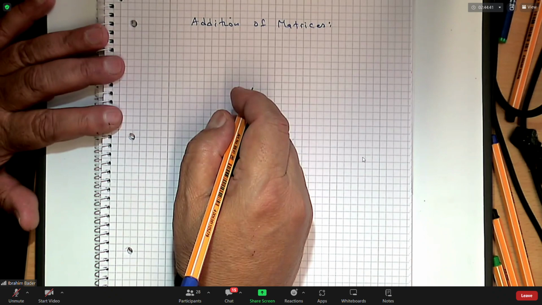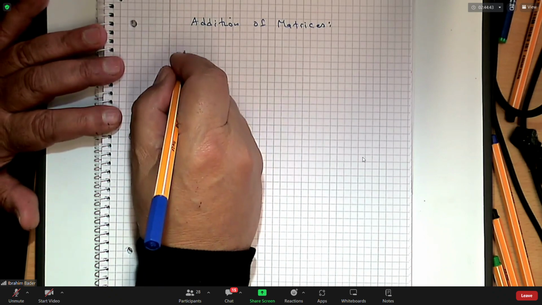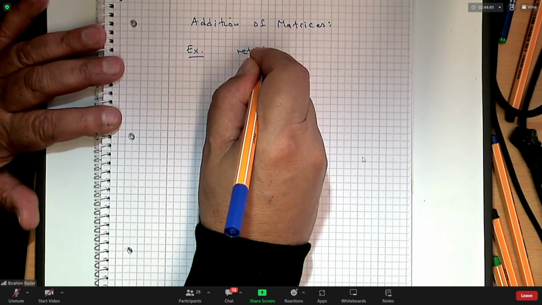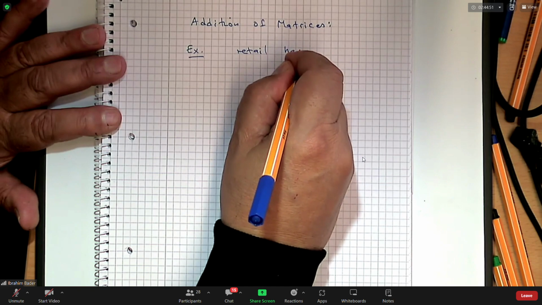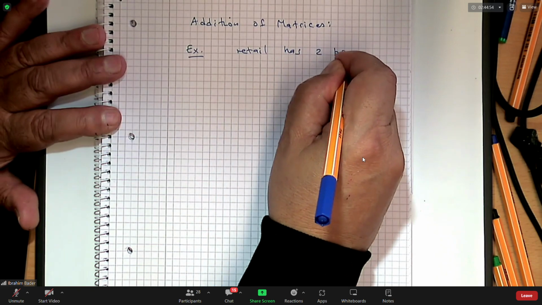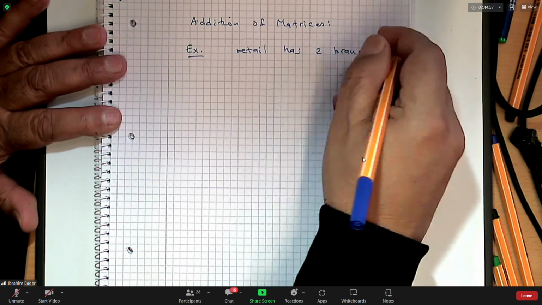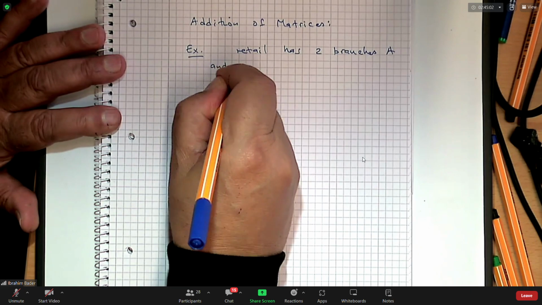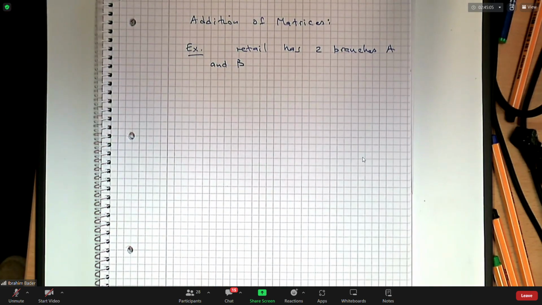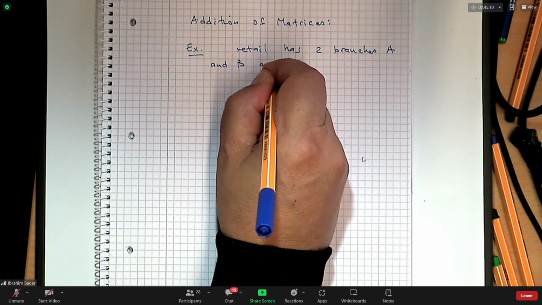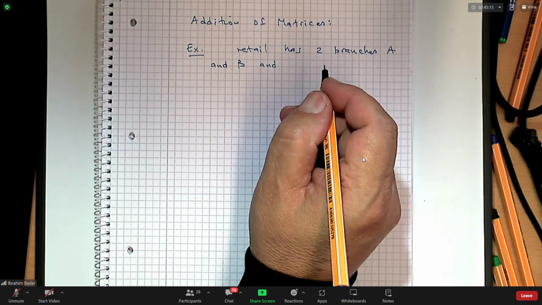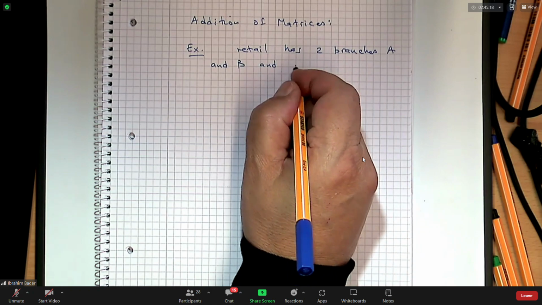So let's assume an example: a retailer has 2 branches. Let's call them A and B. And assume that they are selling 2 products.